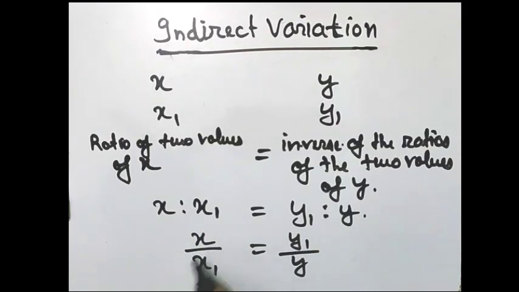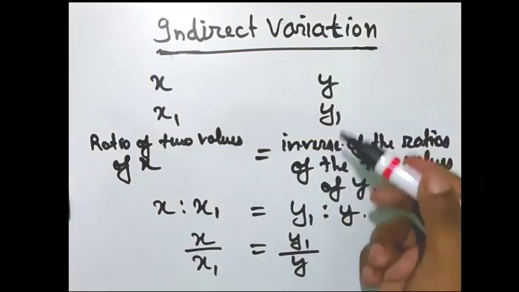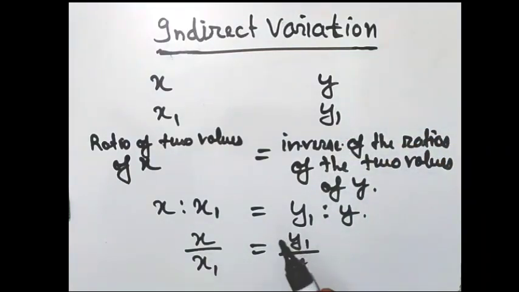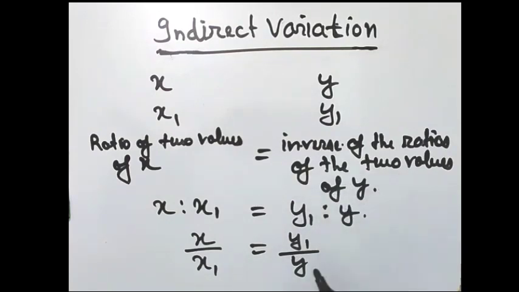So you can see the difference from direct variation. In direct variation, the ratio of the two values of x was equal to the ratio of the two values of y. But here the ratio of the two values of x is equal to the inverse of the ratio of the two values of y.